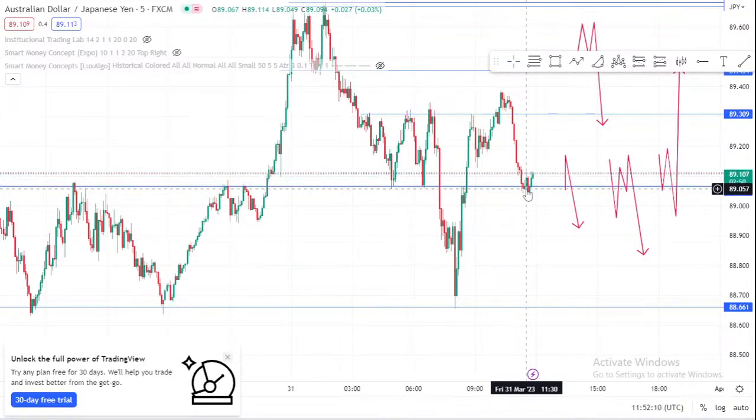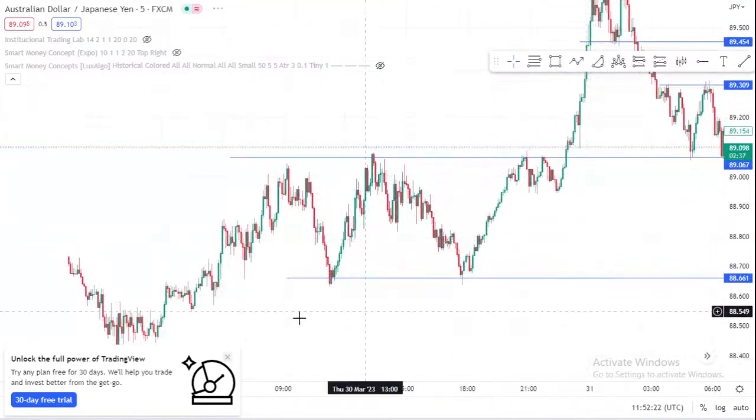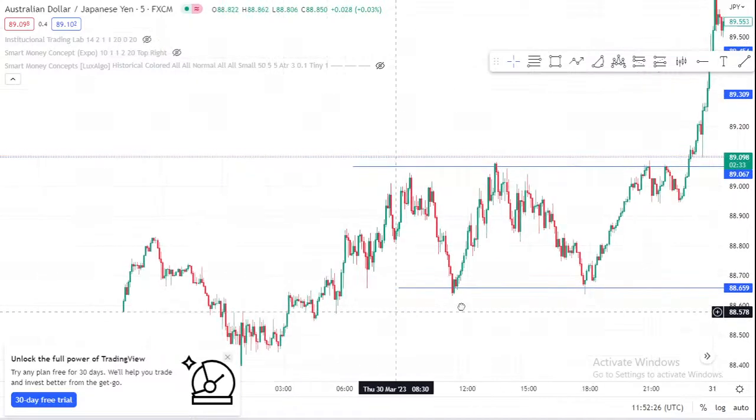There is some movement whenever the market gets to this zone. We see a push to the upside or a push to the downside. So this is what was happening before this breakout over here. This was our support before.